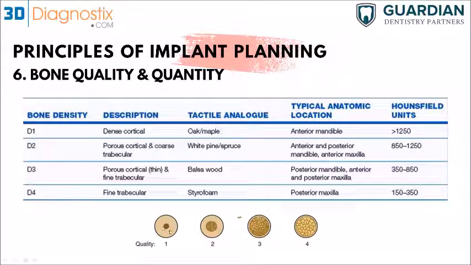D1 would have a cortical outline and cancellous bone in the center. As you move along the density, if the bone is softer, this cortical outline will be thinner, all the way to this cross-sectional cut where the cortical bone is really thin or sometimes absent, and you have wide bone marrow spaces.